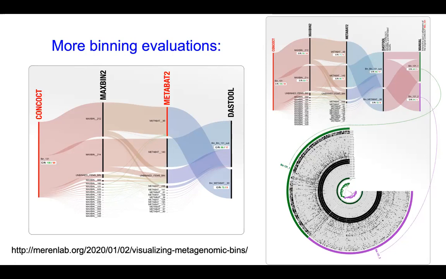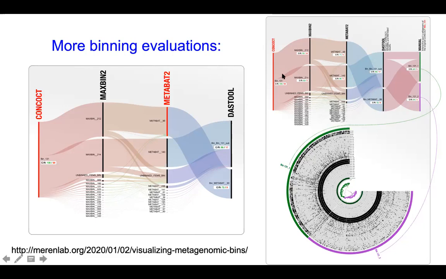Then his final point with this is, even though DASTool in some cases does a very good job and does better than any of the individual binners as we've seen in the metrics previously, we can still improve upon it sometimes by looking at the bins through the lens of a manual inspection.